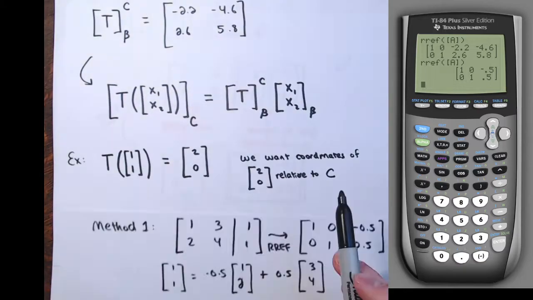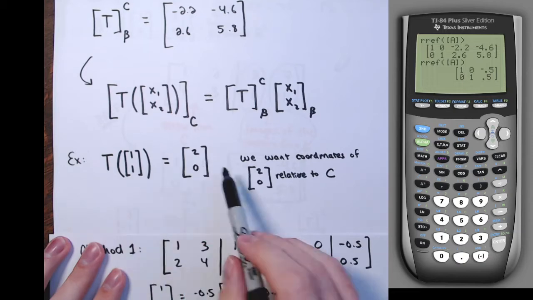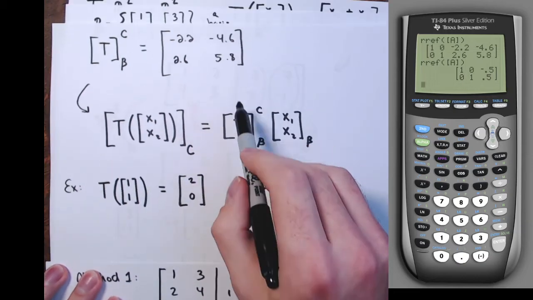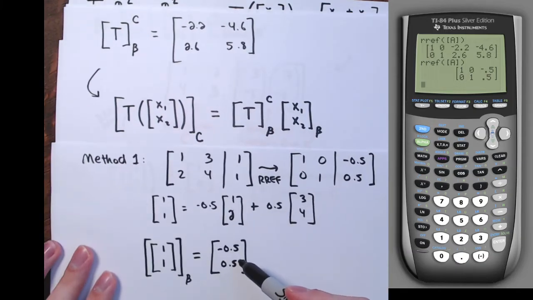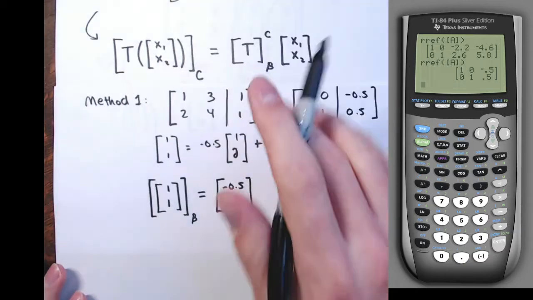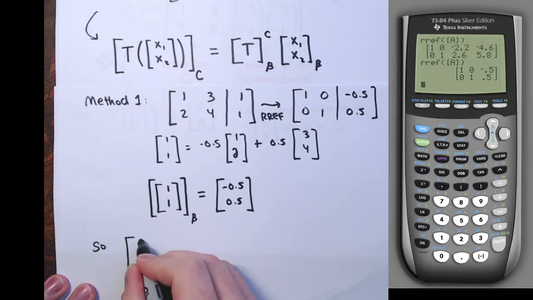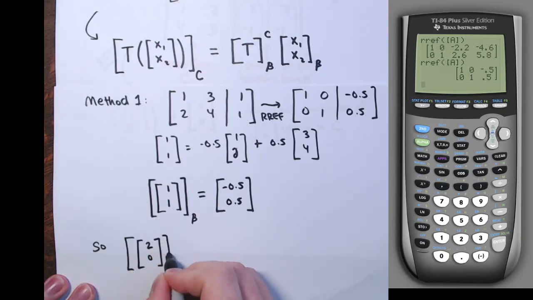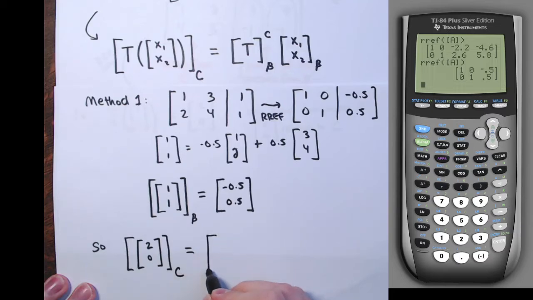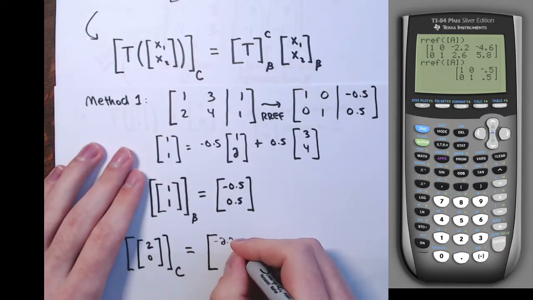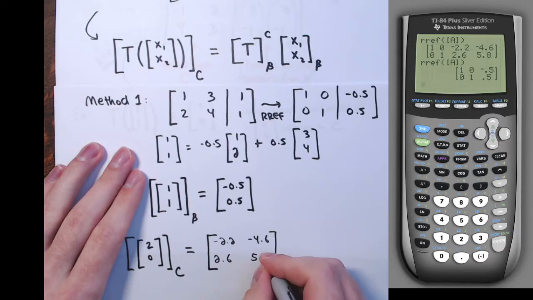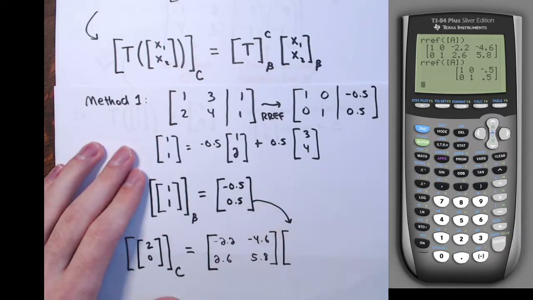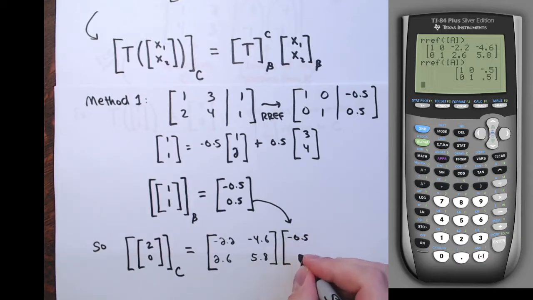So now if I want the coordinates of this output, the coordinates of 2, 0 relative to C, I can take my matrix representation and multiply it by the coordinates of my input relative to B. So the coordinates of the output relative to C will be equal to my matrix representation, negative 2.2, negative 4.6, 2.6, 5.8, multiplied by these coordinates of the input relative to B, the negative half and positive half.